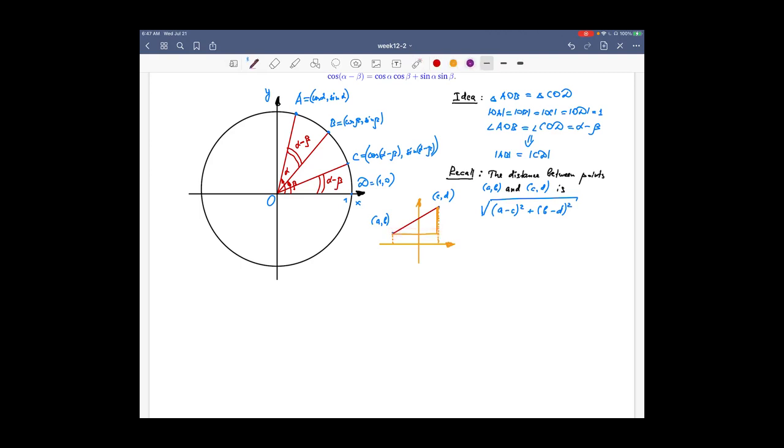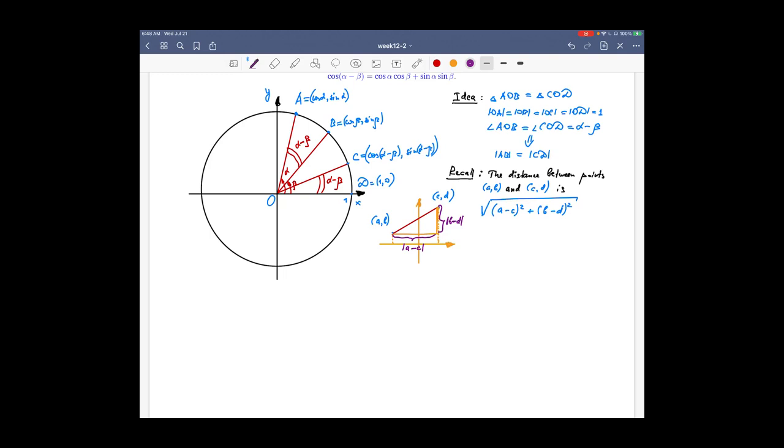So this here is the absolute value of a minus c, or c minus a, which is the same. We can't say that this is c minus a, because we don't know which point is to the right of which. We don't know that c minus a is positive. So the proper way to write this is using the absolute value. Much the same way, we don't know whether b is greater than d or d is greater than b. So the other leg is the absolute value of b minus d.